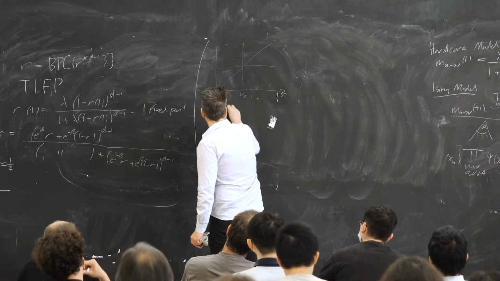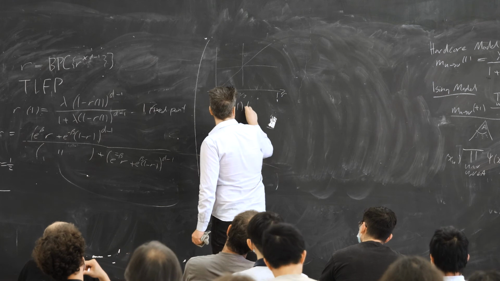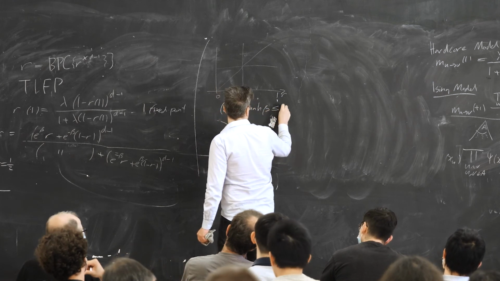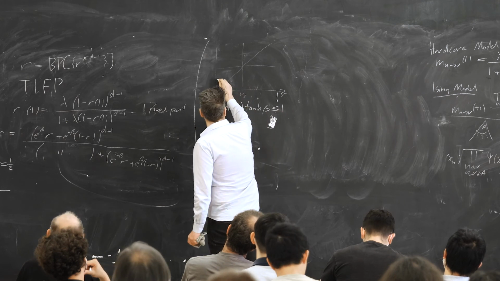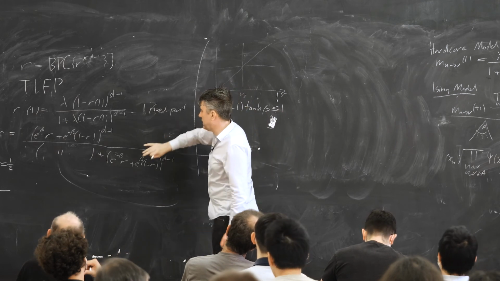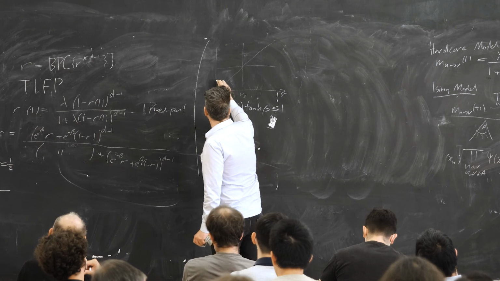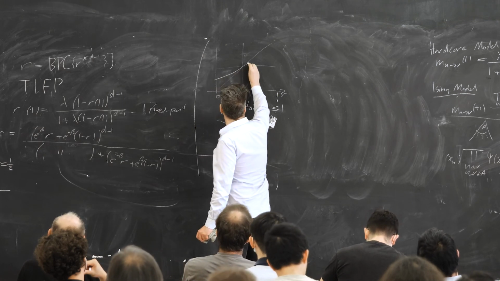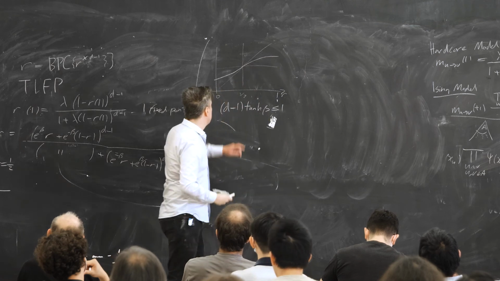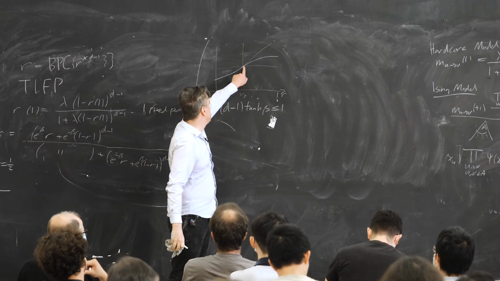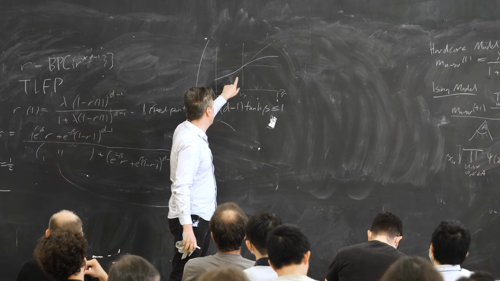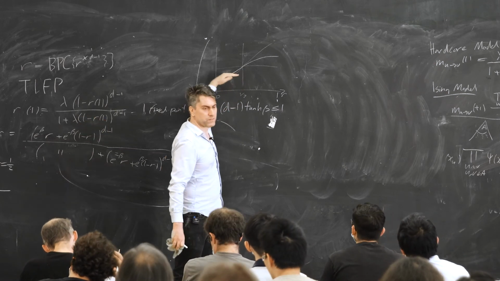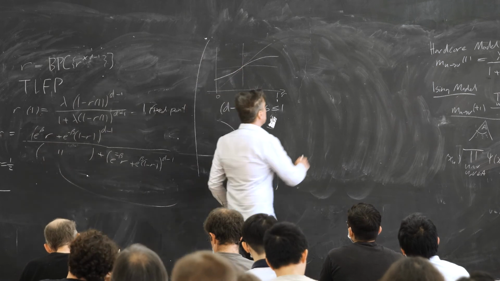So when d minus 1 times tangent of beta is less than or equal to 1, this function will look something like this. R will be equal to BP of R exactly at a half, and only at that point.